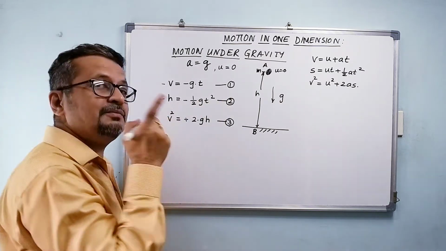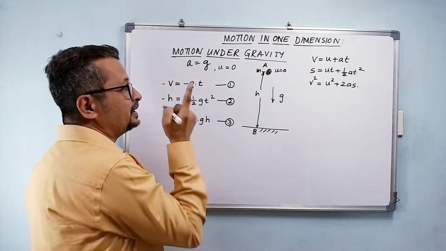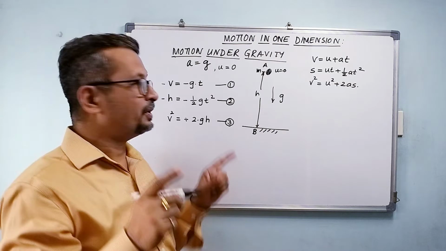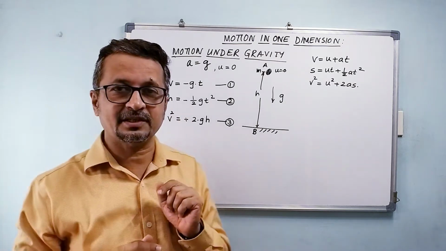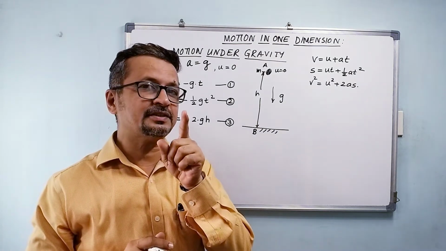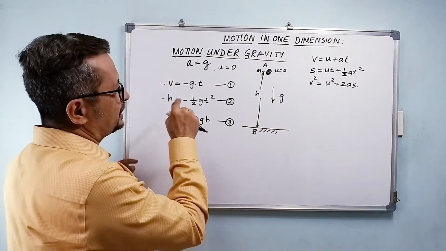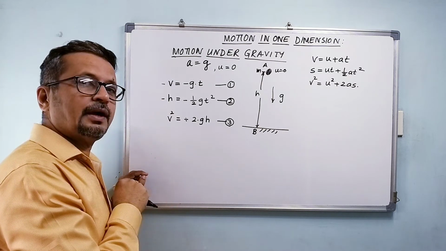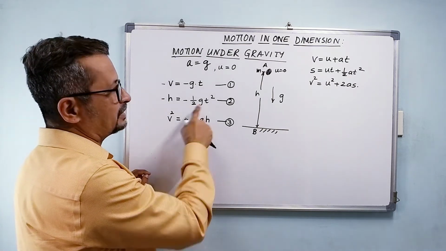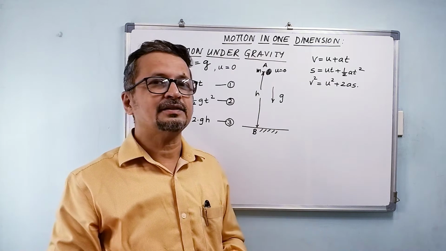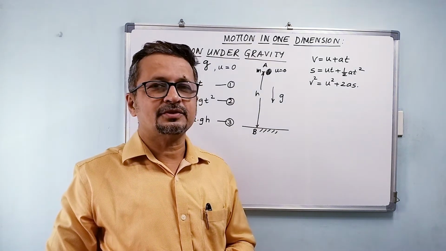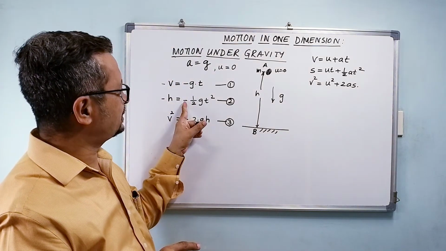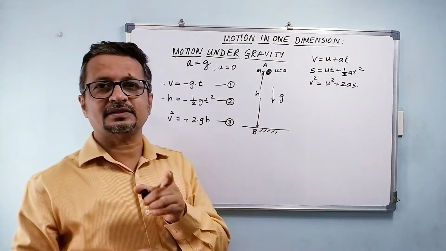So h in magnitude is going to be positive. Now here it is very necessary, in the second equation it is very necessary. Why? Because if you put g as negative and h as positive, then your t square would be negative, and the square of a number cannot be negative. Correct? So putting this negative sign here and a negative sign to h makes sense.